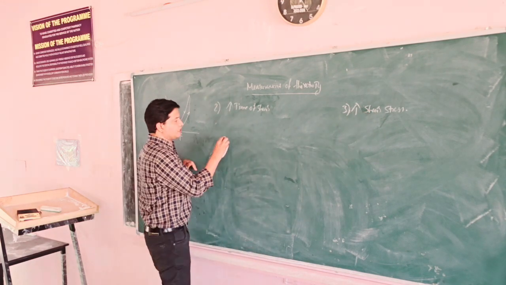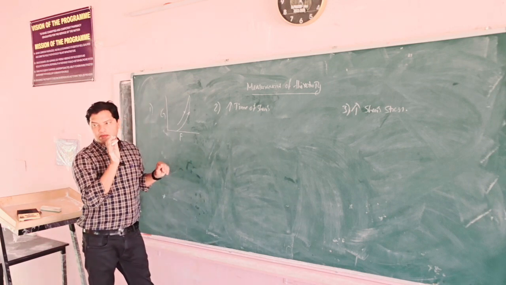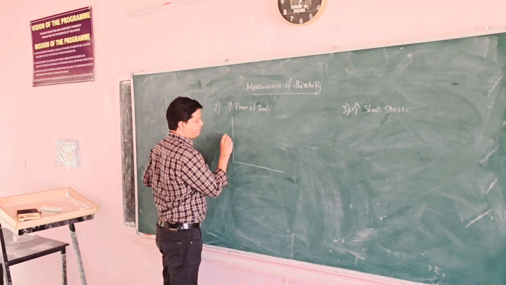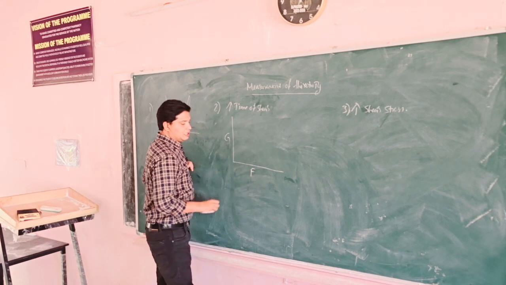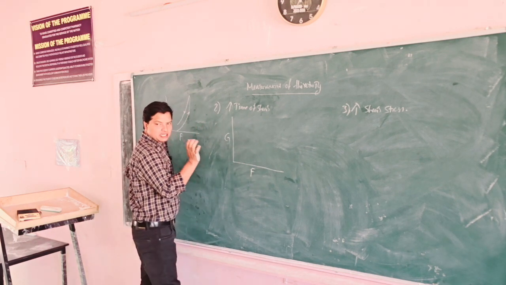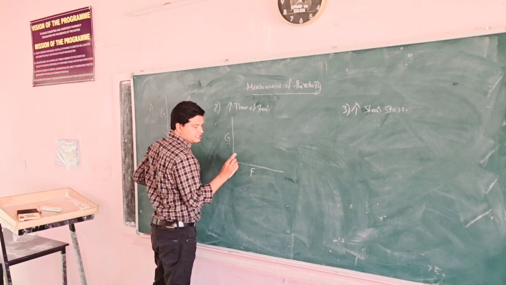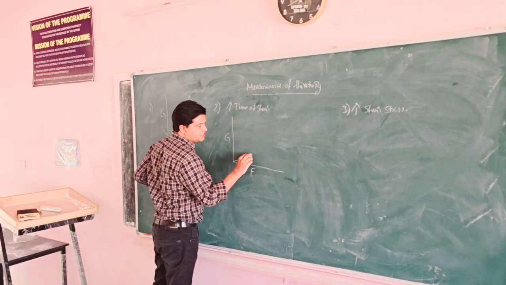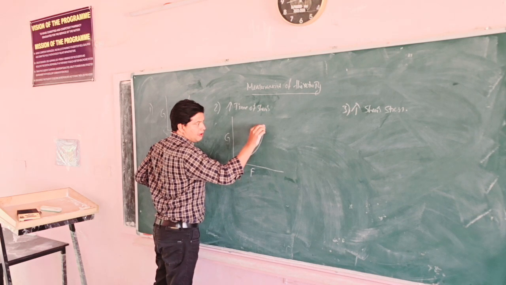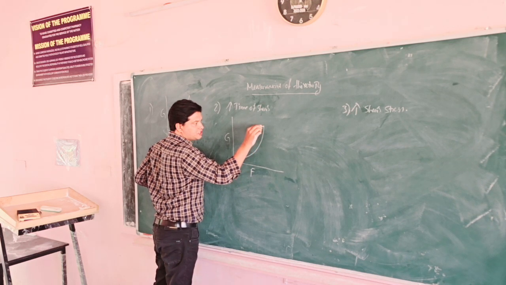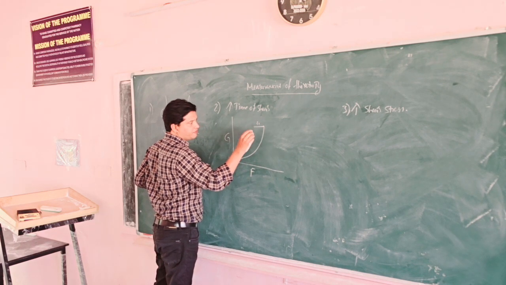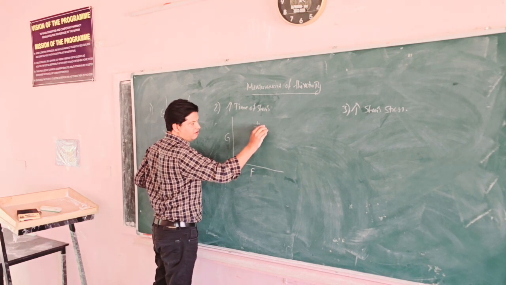Listen, see here, listen to me carefully, otherwise you will miss out. Everybody please listen here, see how I am drawing the graph. I will shear for first time, maintain the same shear stress for time t1. If I shear and leave, it will come back.